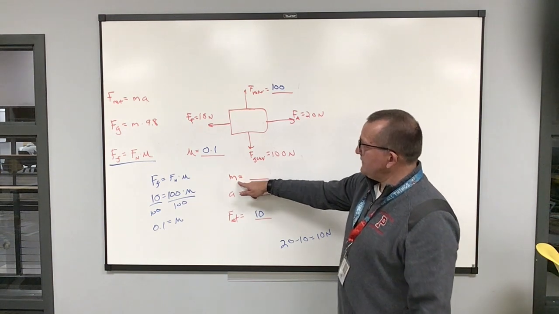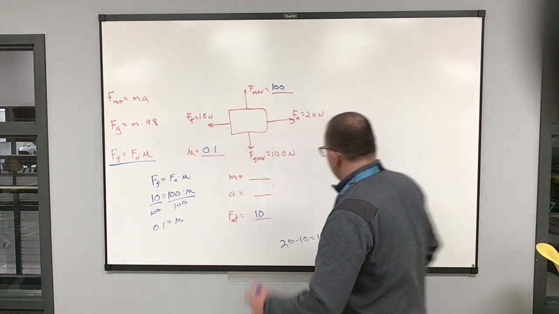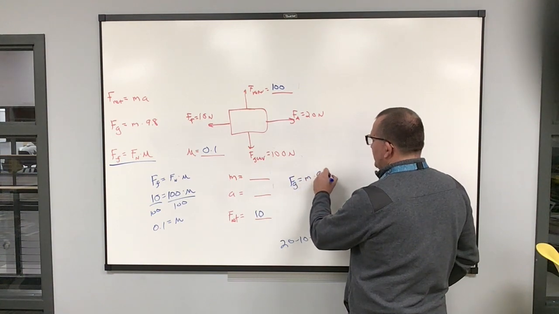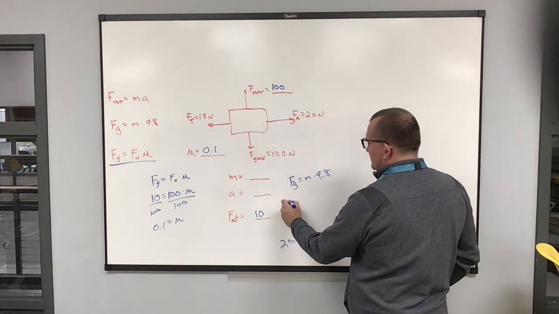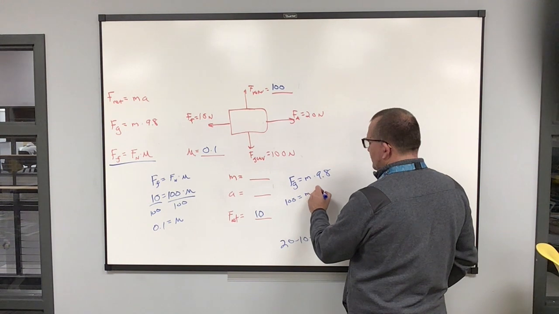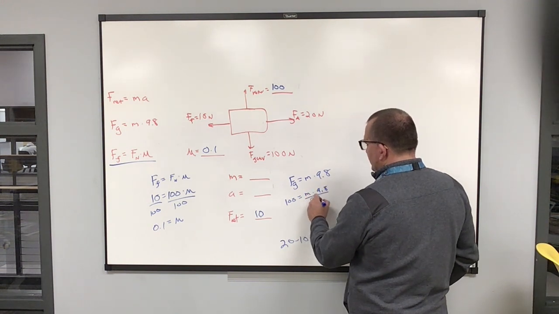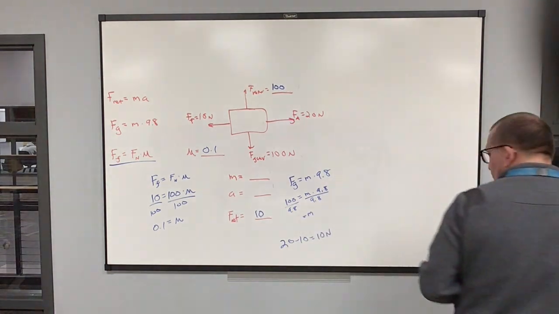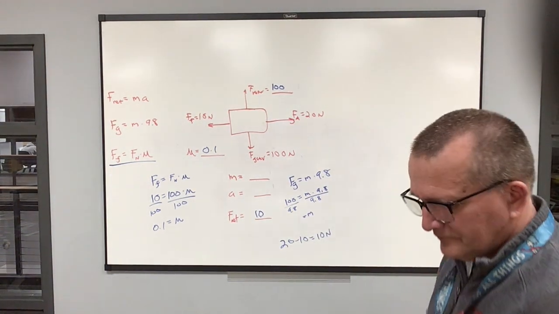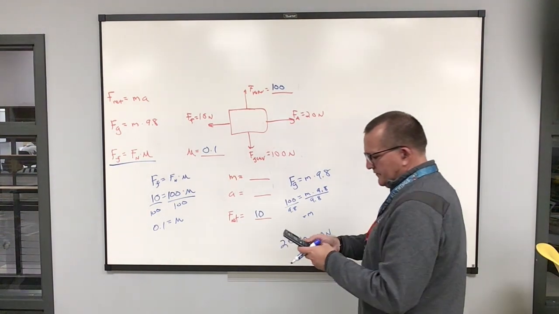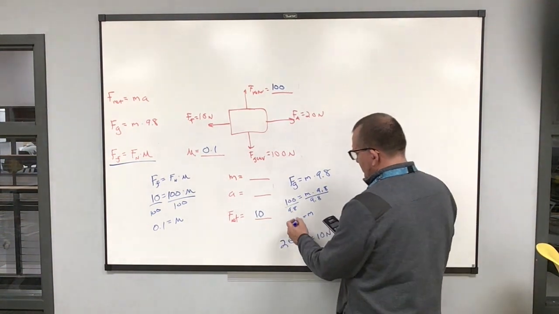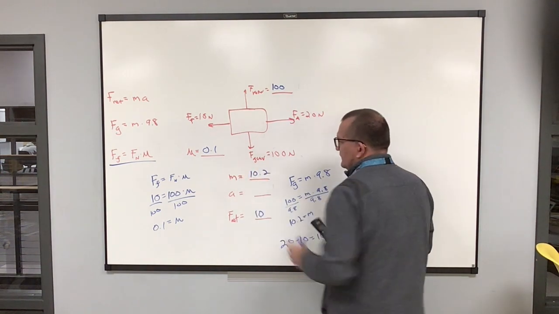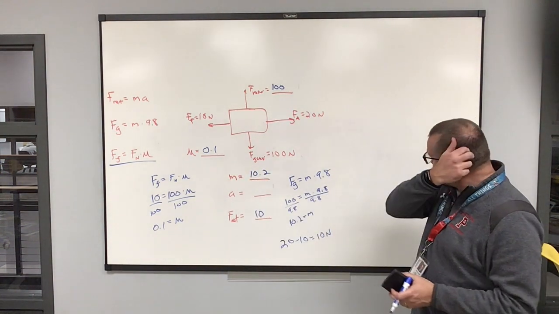To find my mass, I can use this equation, which is force of gravity equals mass times 9.8. My force of gravity is 100, equals mass times 9.8. Divide by 9.8, and mass equals 100 divided by 9.8, which is 10.2 kilograms. So my mass is 10.2.